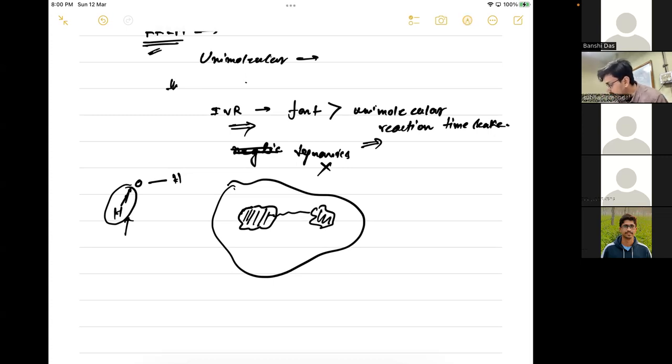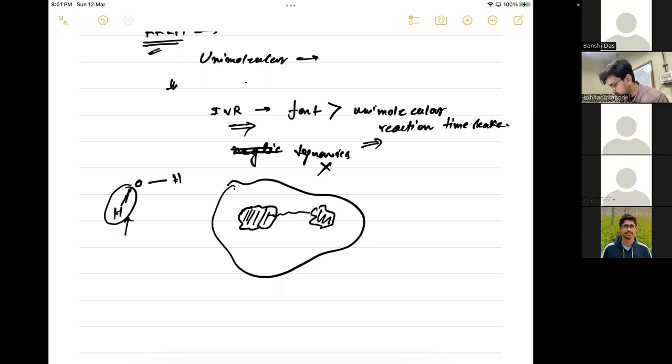So IVR is not fast, meaning the vibrational energy is not randomizing or thermalizing immediately over all vibrational modes. It can start in some selective set of vibrational modes, then after some time it can get stuck in some other selective set of vibrational modes like this.